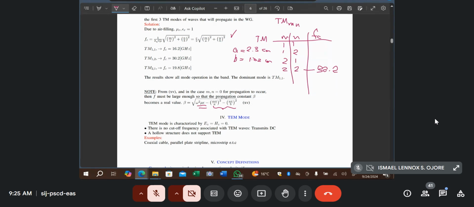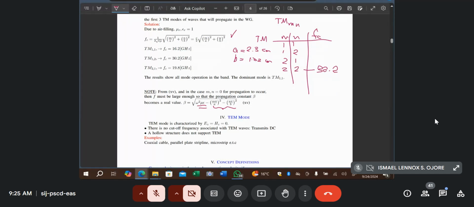Remember, the propagation is in the Z direction when we are talking about transverse electric and transverse magnetic. But the TEM mode, what we know is that you need is not a hollow waveguide. So a hollow structure will not be able to support a transverse electric and magnetic wave.